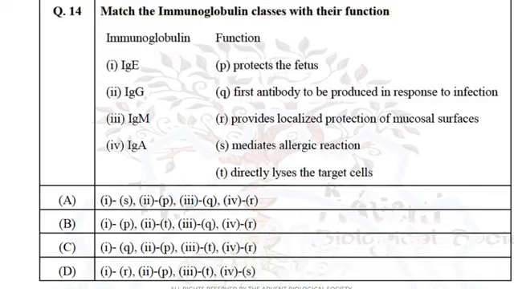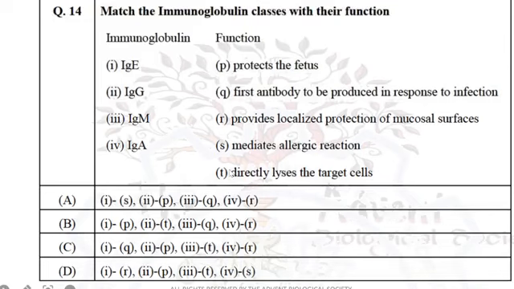So 4 would be R. So correct option would be option number A. Okay, and direct lysis of the target cell generally occurs by the perforin and granzyme enzymes that are secreted by the CTLs or cytotoxic T lymphocytes. If there had been any option involving CTL, you should have selected it as T. Okay, so option number A is correct.